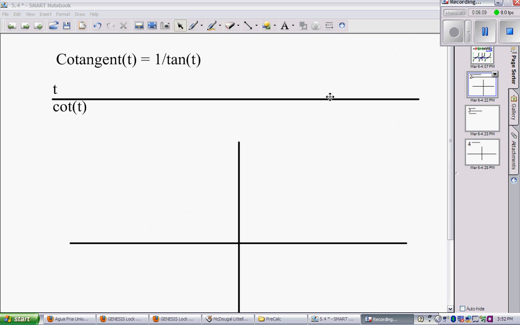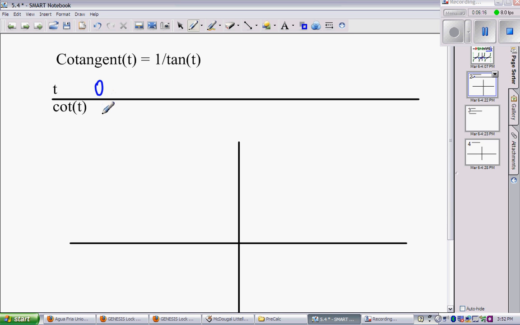So for the cotangent of t, that's really 1 over tangent. Let's do a table of values. We're going to start at 0. So when t is 0, the cotangent of 0 is undefined. So our first vertex is on the axis. So that means we need to go all the way out to pi, because the 1 over the tangent of pi gives you the same thing.